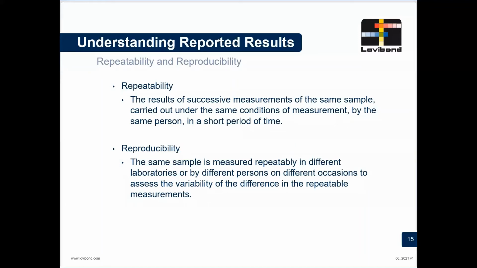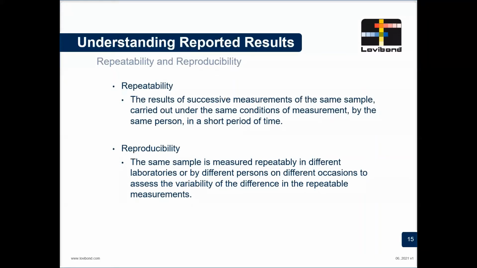And what I will do then is some statistics on that. So I will work out what the average is. I will work out what the standard deviation is on my sample. And then I will multiply that by some factors to come up with some sort of repeatability, so some sort of estimate of the range of measurements. So I could be measuring my sample in my lab.